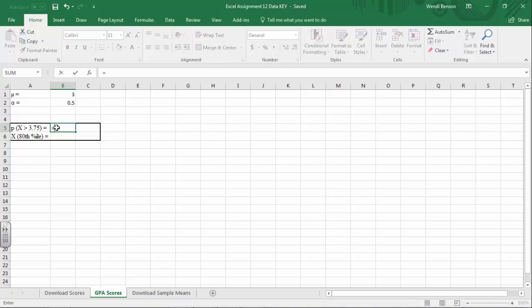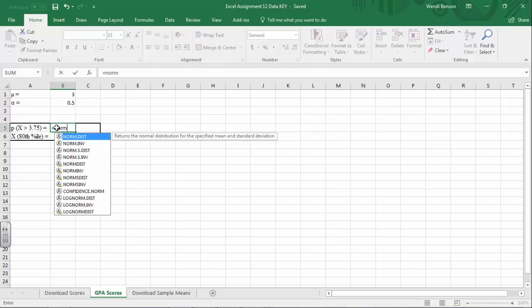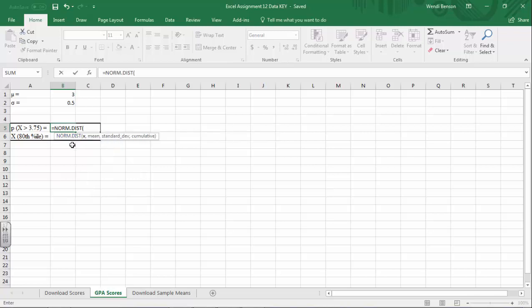So equals norm.dist, double click. Our x value is 3.75, comma, our mean is 3, comma, our standard deviation is 0.5, comma, and let's start with true, and then enter.